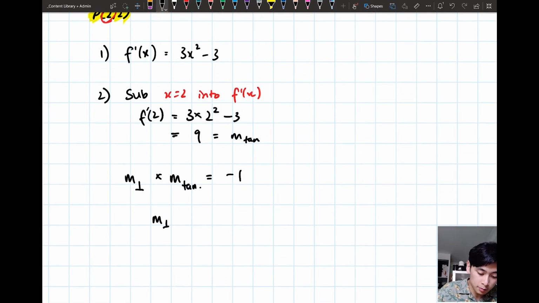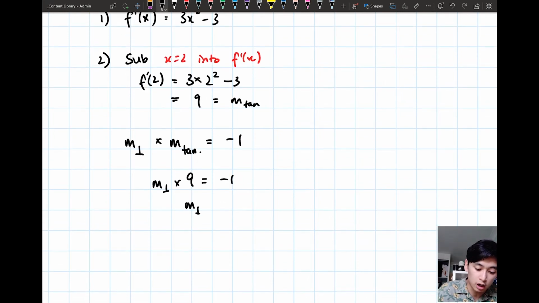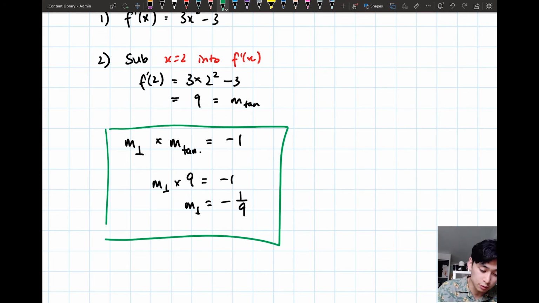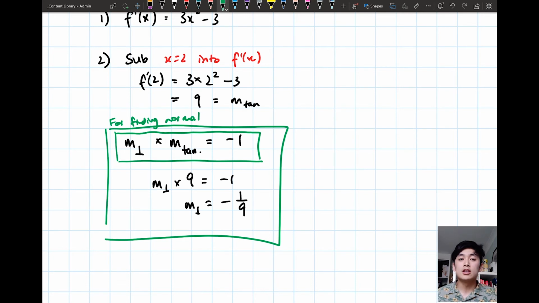So m normal times 9 is equal to -1, and so the gradient of my normal is -1/9. This is that additional step that we need to add if finding a normal. I just need to use the fact that when I multiply the gradient of my normal and my tangent, it will always give me -1.